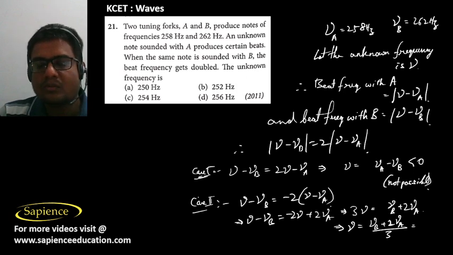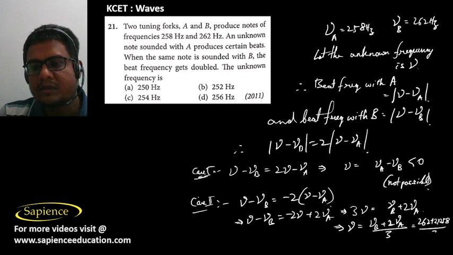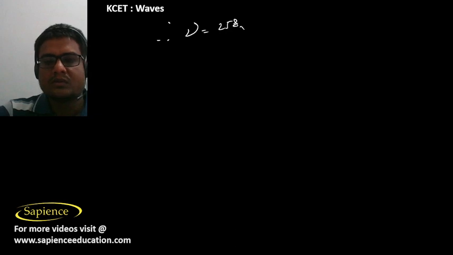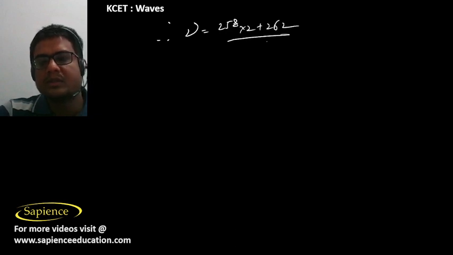So that will be nu B, that is 262, plus 2 nu A, that is 2 into 258, divided by 3. So therefore the unknown frequency nu is equal to 258 into 2 plus 262 by 3.